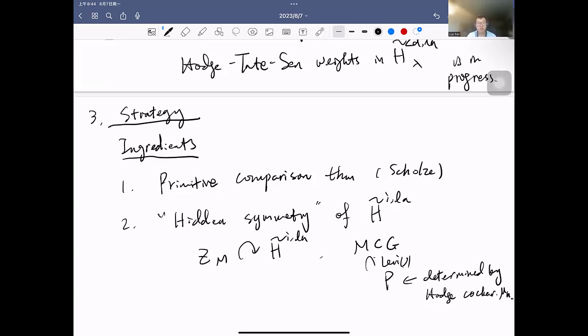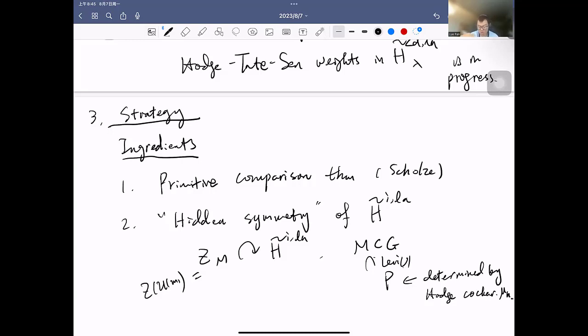And M is a Levi, and Z_M denotes the center of the universal enveloping algebra of M. So we know that on this H theta, the Lie algebra of G acts on it.